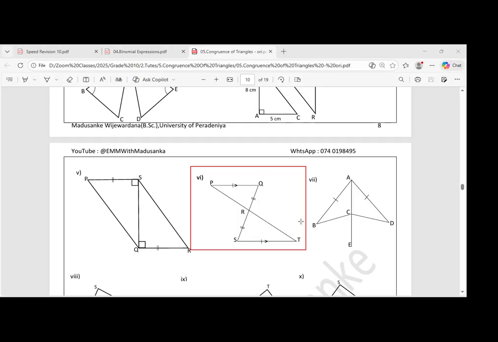Page number 9, exercise 5.3, question 6. Do it in the exercise book. If I have given you enough space, you can do it there. Otherwise, you have to do it in your exercise book.